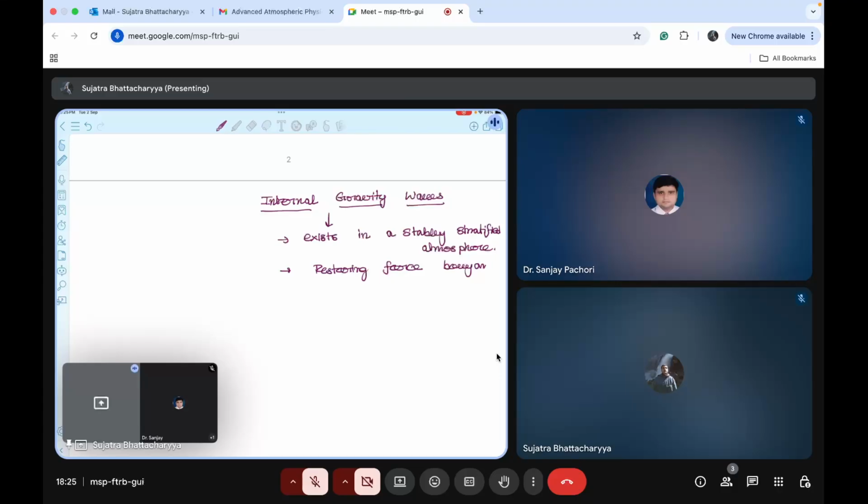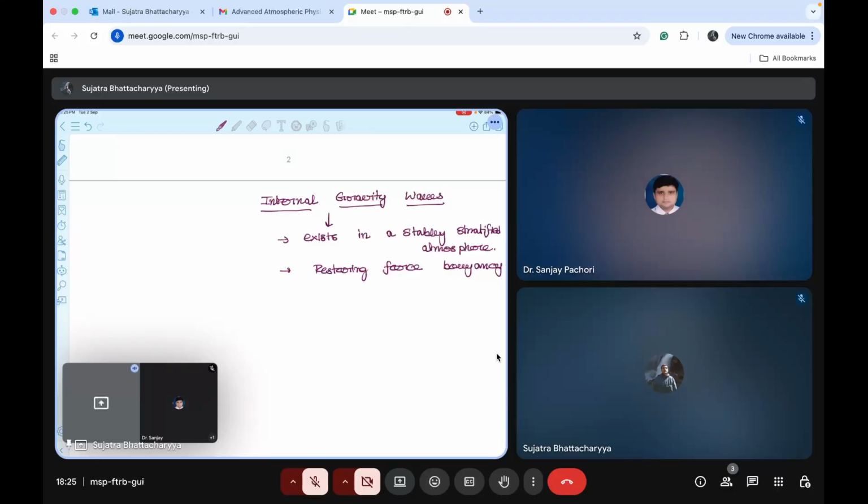Now, what is buoyancy? Those who are from a physics background, fluid mechanics, everyone knows what buoyancy is. But let us see how we can quantify buoyancy in terms of atmospheric physics, particularly what we call the Brunt-Väisälä frequency. We will see all these things.